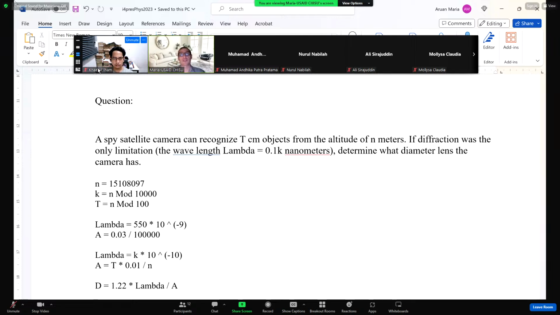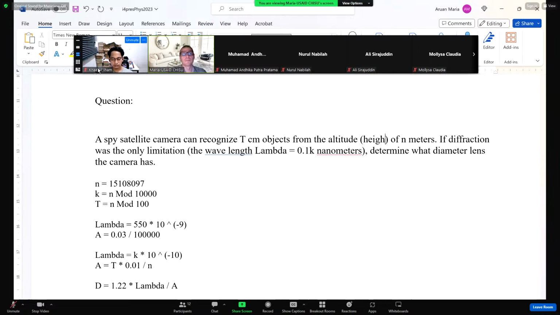Altitude, let me write it as height. So that's how we find the angle. We just divide the object size by the height of the satellite. So in this case, T times 0.01, because it's in centimeters, divided by N, the student number.